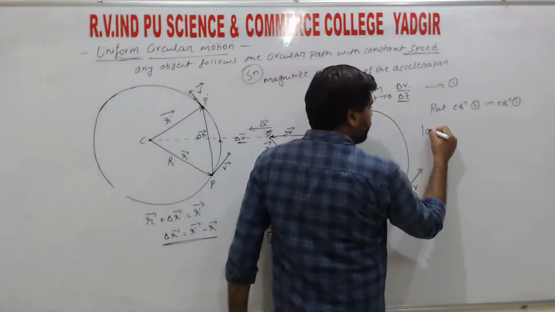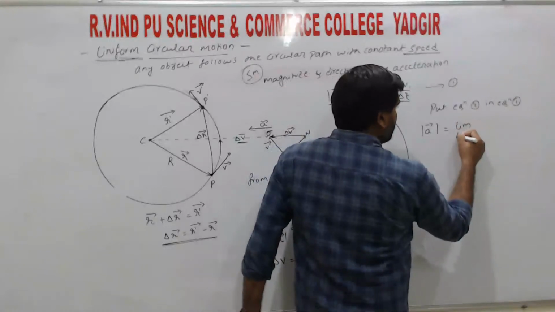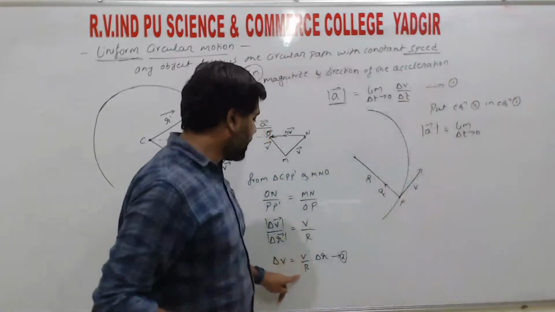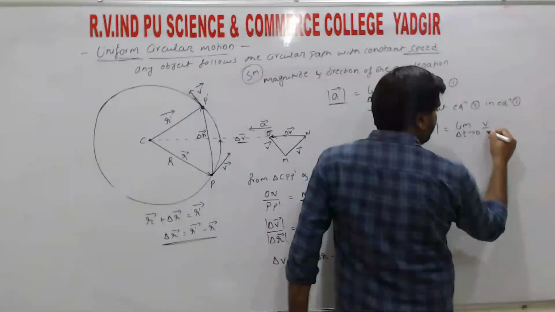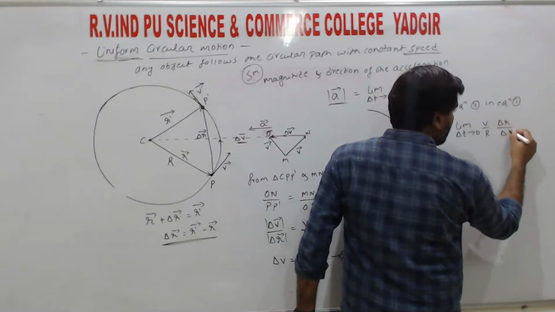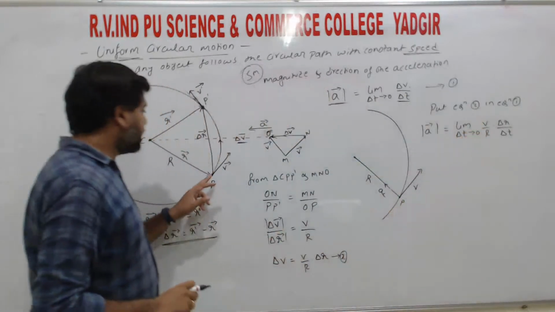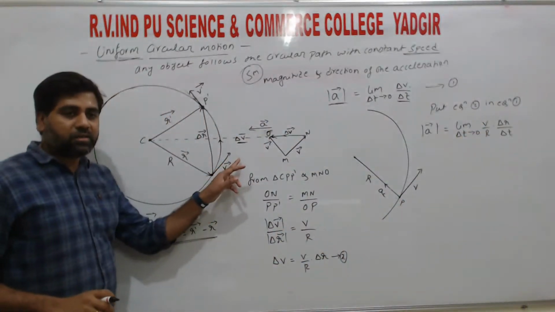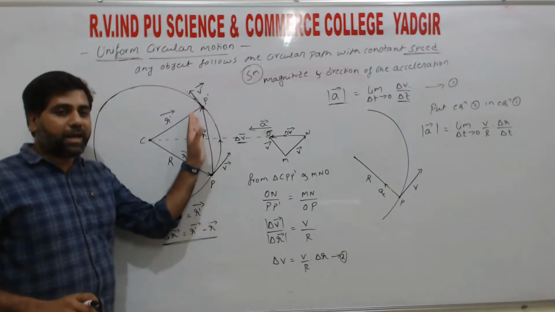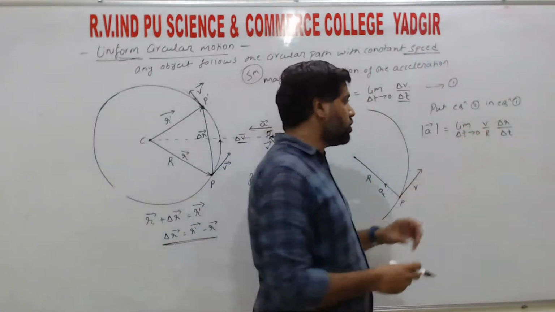So we get the magnitude of the acceleration A, equal to limit delta t tends to 0. In place of delta V, we can write V divided by R into delta R by delta t. Here the instantaneous velocity is constant, because the magnitude of the velocity remains constant but the direction changes, hence V is constant and the radius of the circle is also constant.